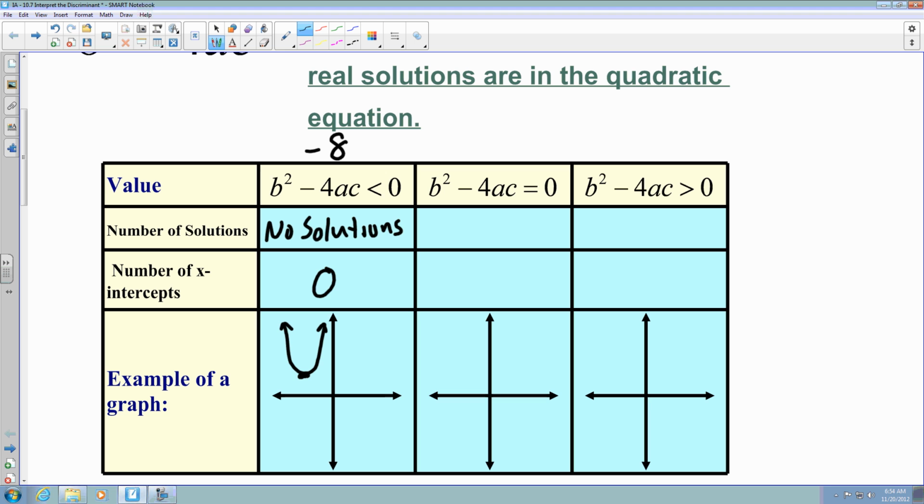The second chart is what if the value of b squared minus 4ac would equal 0? This means that we're only going to be given one solution.